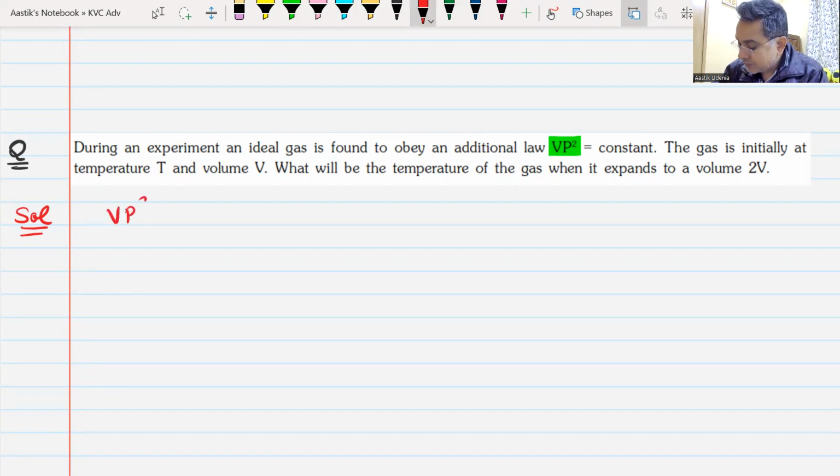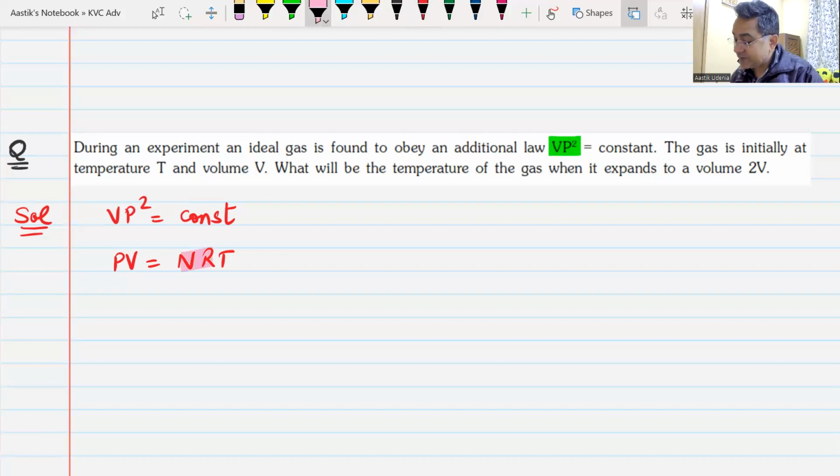Well, V P square is given as a constant. Remember, in a process, the number of moles of the gas also always remains constant, my dear friends. So we know PV is equal to nRT. N and R, remember, in a process will remain constant.